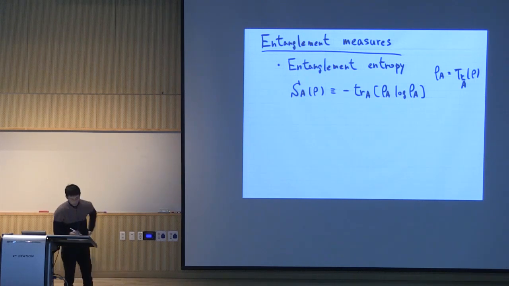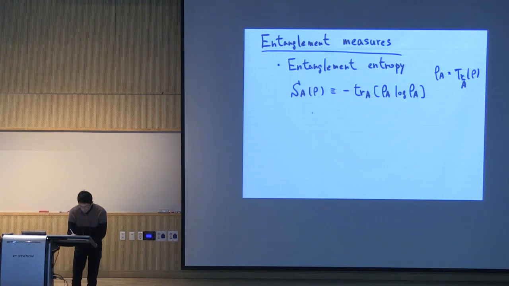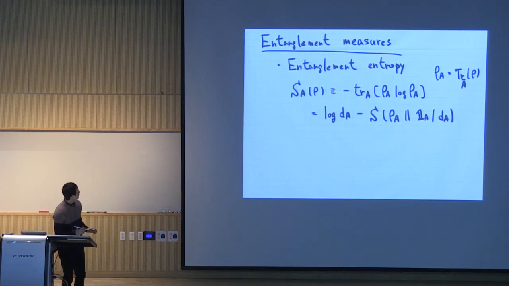So this is the entanglement entropy, and the relation between entanglement entropy and relative entropy is as follows. Suppose you are working in a finite dimensional system. Then, using the relative entropy, the entanglement entropy is given by this.